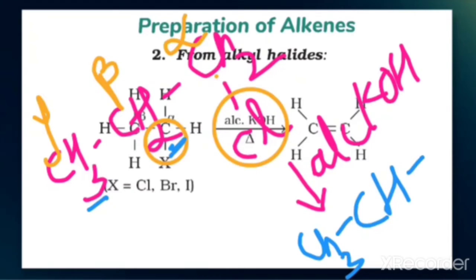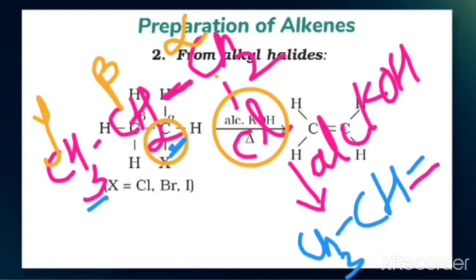Now 1 bond is already there, which I will mark in pink, but one more bond is formed, which I mark in blue here. That results in the formation of a double bond, and we have CH2 here.